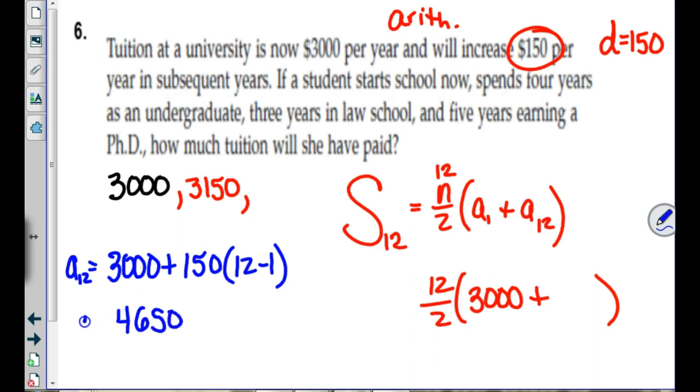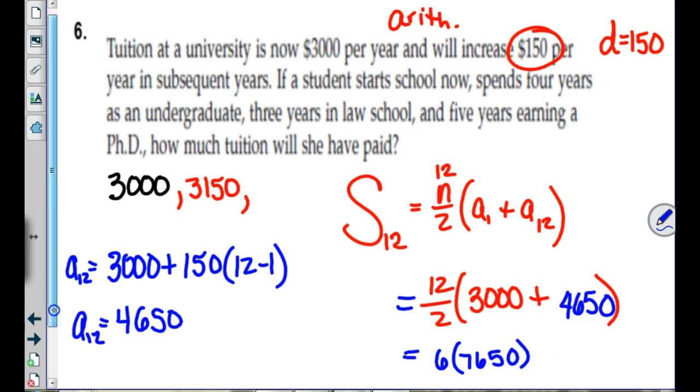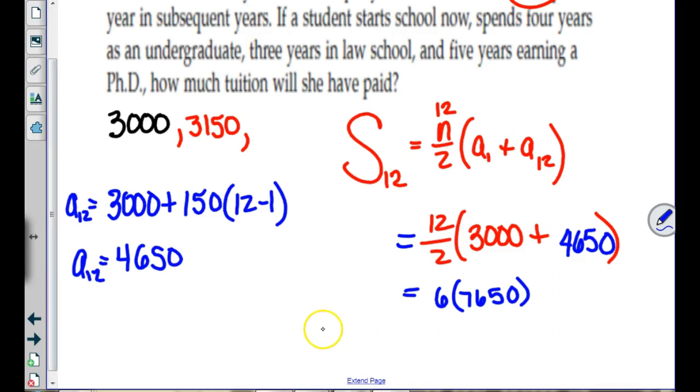Okay, so this is the last year, her tuition. So what did she pay for all 12 years? $45.